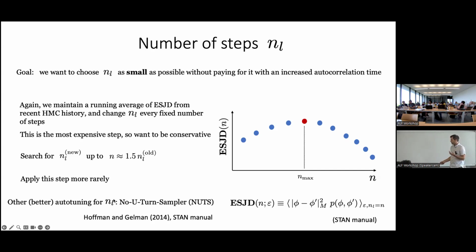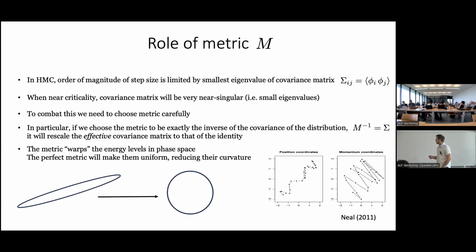We're also working slowly on implementing this, rather than this expected squared jump distance. But at the moment, this is what we use, and even though it's expensive, it works very well. So that's the number of steps L.